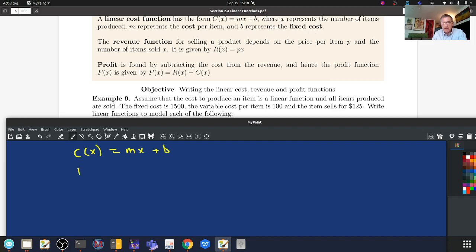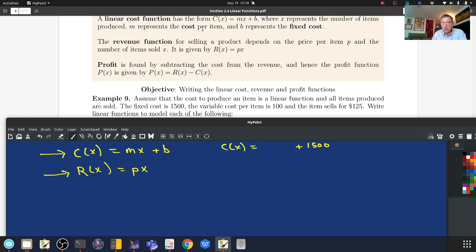And then we have our function, revenue of x is equal to px. These are kind of like function forms, because I don't know what m and b are, and I don't know what p is, so let's find them out. Let's read it. C of x is going to be equal to, so the fixed cost is b, and it's 1,500. The variable cost per item is 100.